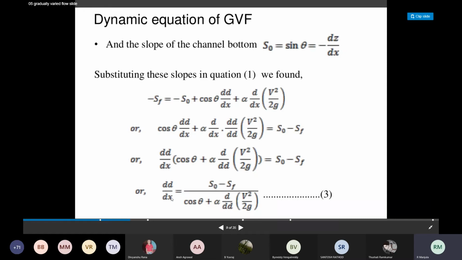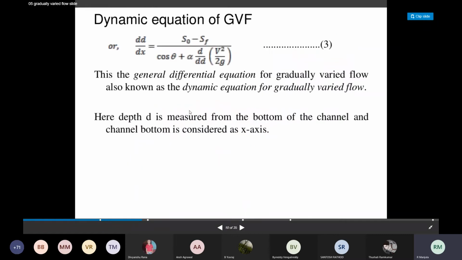So d can be replaced by y also. dy by dx is equal to S0 minus Sf divided by cos theta plus alpha into d by dy of v square by 2g. Or we can write dd by dx is equal to S0 minus Sf divided by cos theta plus alpha into d by dd of v square by 2g.